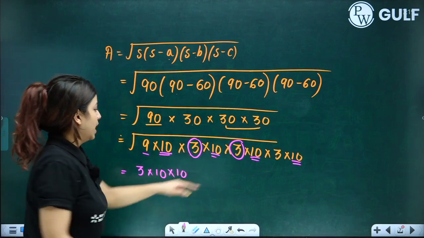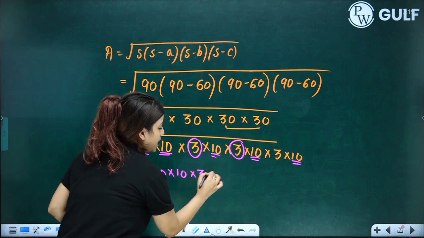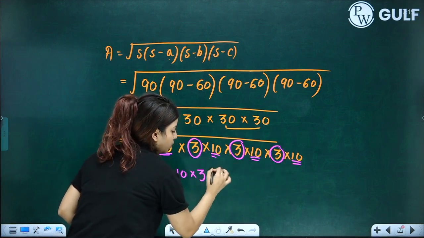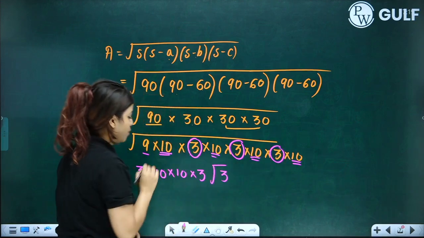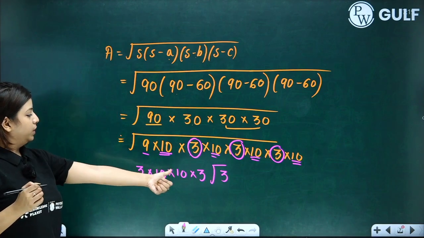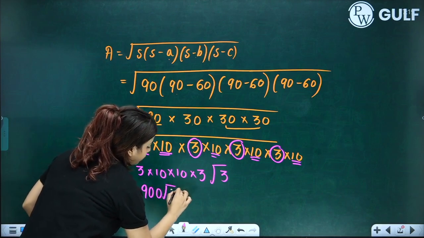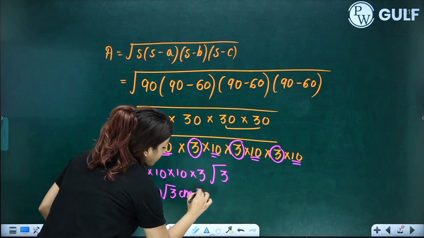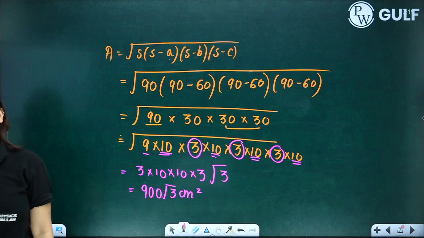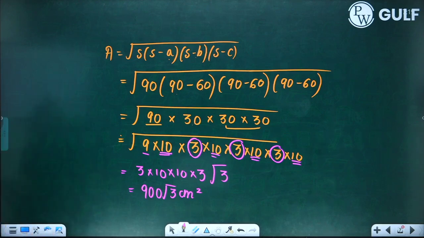Then we have 3 and 3, so one 3 outside, and one more 3 is left under the root. So 3 threes are 9, 900 root 3 centimeter square will be the area of this particular signboard, which is indicating school ahead.